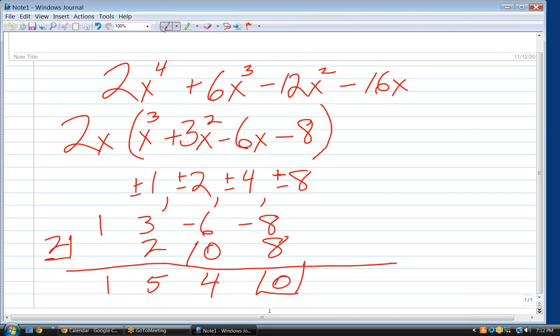So what's the linear factor, and what is the resultant quadratic? In other words, there is a linear factor and a resultant quadratic that that cubic breaks up into. What's the linear factor? X squared plus 5x plus 4. That's the quadratic.